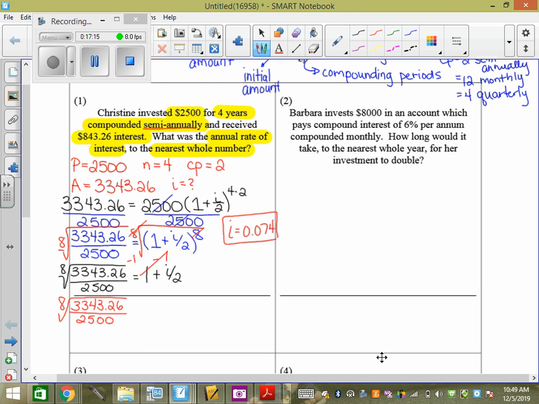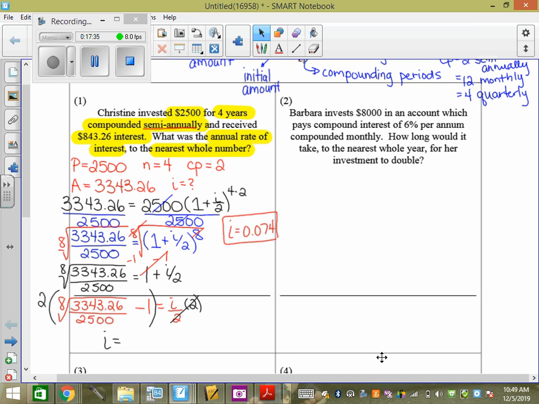When am I allowed to round? The very end, and I'm not there yet. And now I have i divided by 2. How do I get rid of that division of 2? Times both sides by 2. So everyone practice typing it in. See if you get 0.007400. You should get the same answer, right? So everyone practice typing it in.